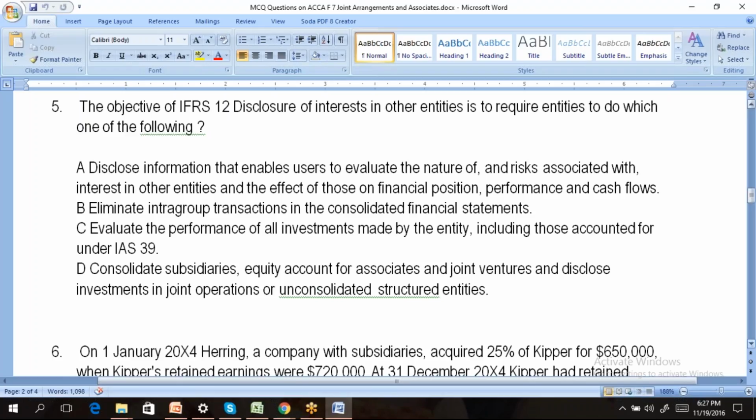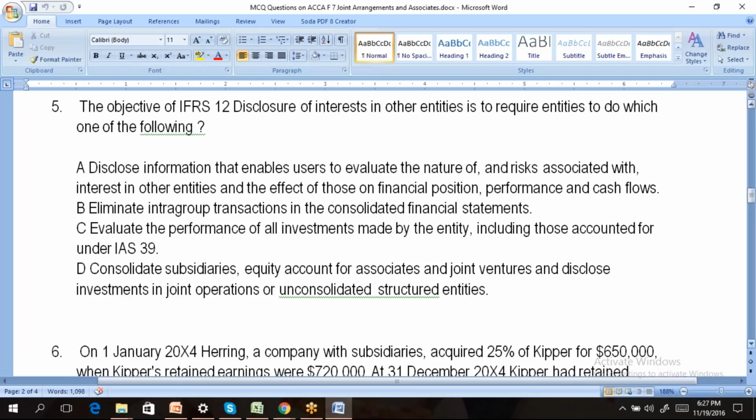B: Eliminate intergroup transactions in the consolidated financial statements. C: Evaluate the performance of all investments made by the entity, including those accounted for under IAS 39. D: Consolidate subsidiaries, equity account for associates and joint ventures, and disclose investments in joint operations or unconsolidated structured entities.